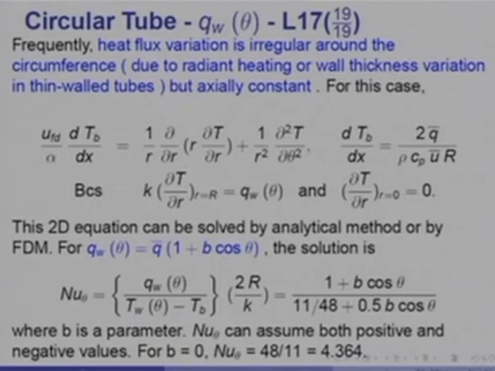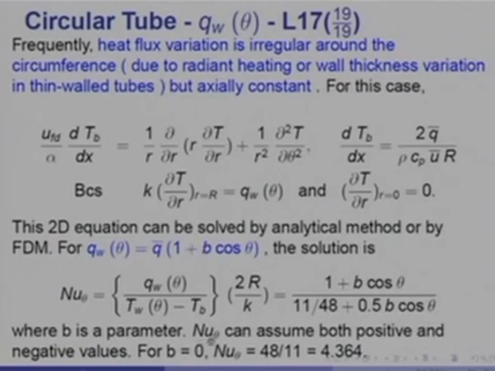Again, this 2D equation can be solved both analytically or by a finite difference method, and for Q wall theta as a simple circumferential variation of heat flux, the solution turns out to be this: 1 plus b cos theta, 11 by 48.5 b cos theta, where b is simply a parameter.